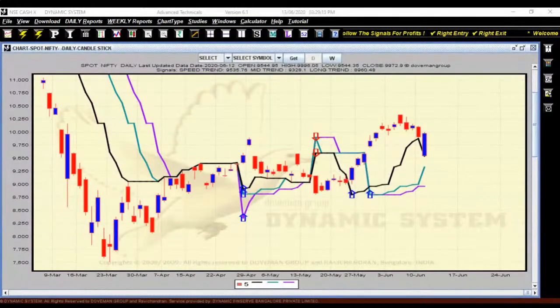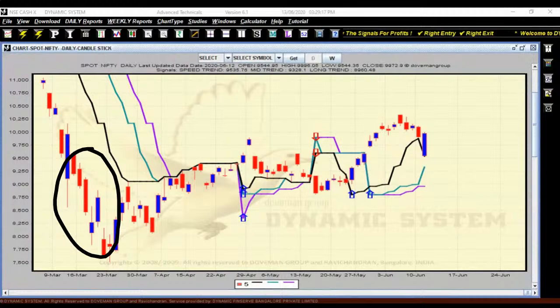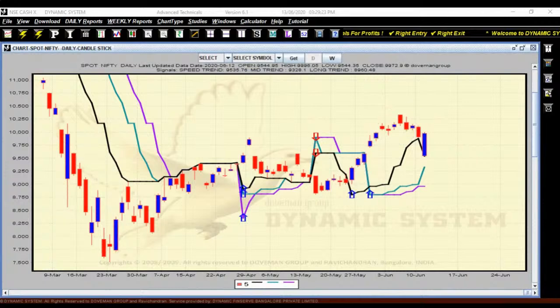So whenever the price is trading below all 3 lines, it means it is in a clear downtrend. Whenever the price is trading above all 3 lines, it means it is in a clear uptrend. But there are cases when the price is trading between the 3 lines. Now there is a situation we call in-between trends.